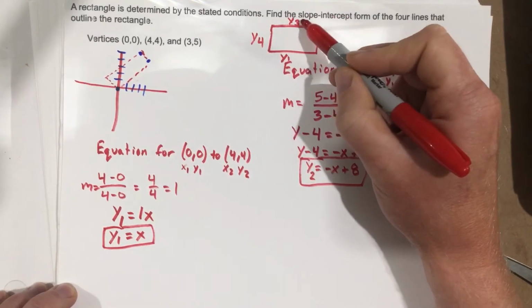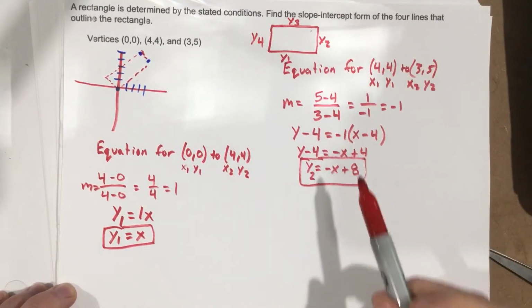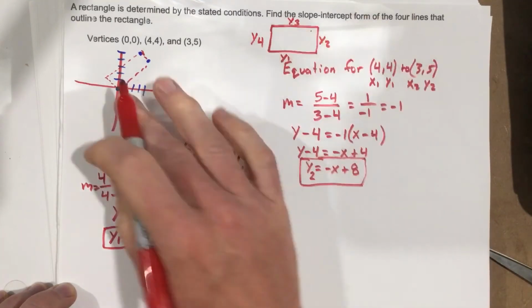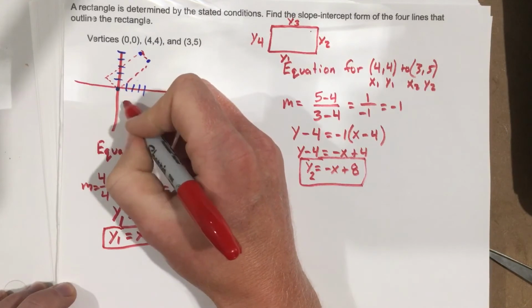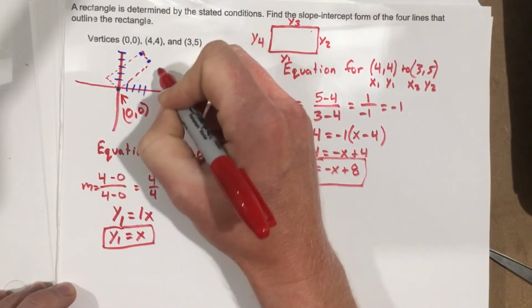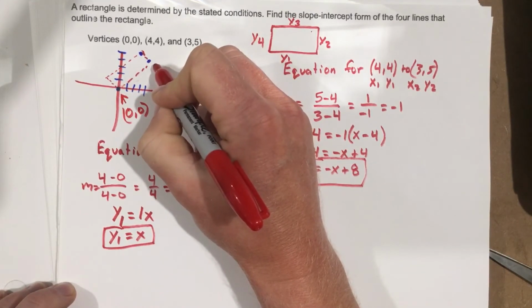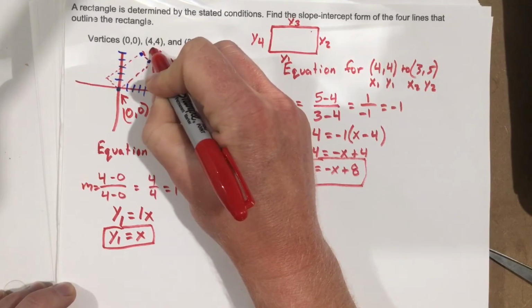So we need to find y3, parallel to y1. If we turn this piece sideways, this is our 0, 0, this is our 4, 4, and this is 3, 5.